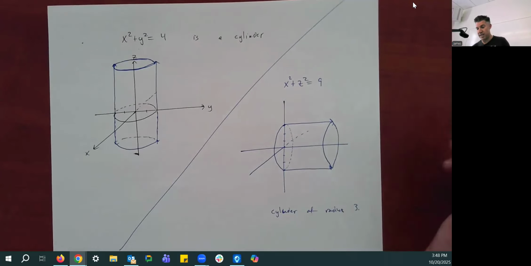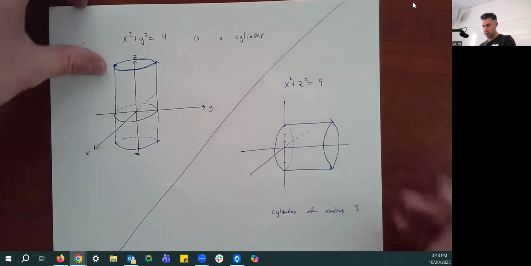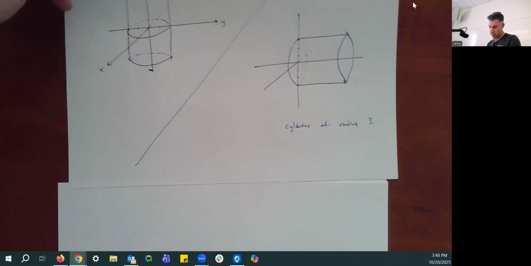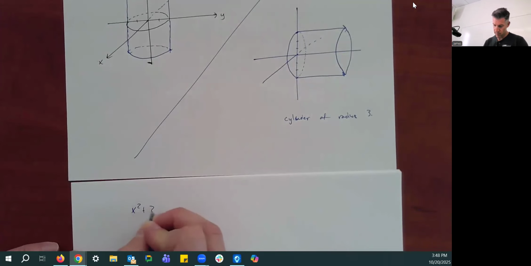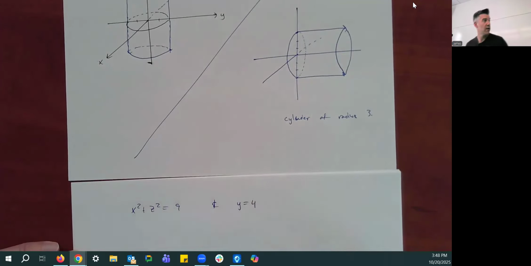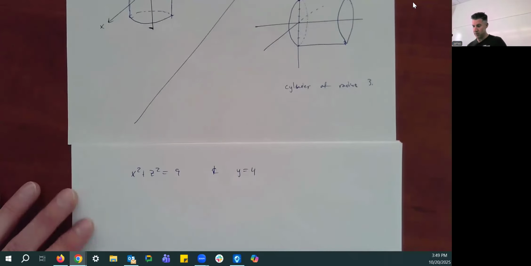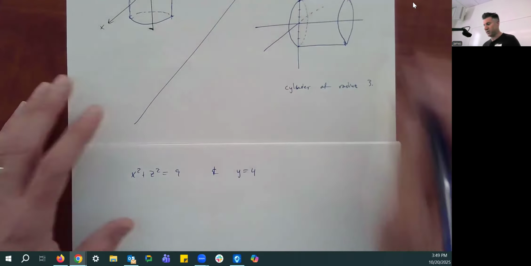Now, if I said take the cylinder and also intersect it with a plane, then we're just going to get a circle. So if instead I said x squared plus z squared equal to 9 and y equal to 4, then I'm just going to get that same cylinder, but over here at y equal to 4. In fact, let's just do it in red up here.